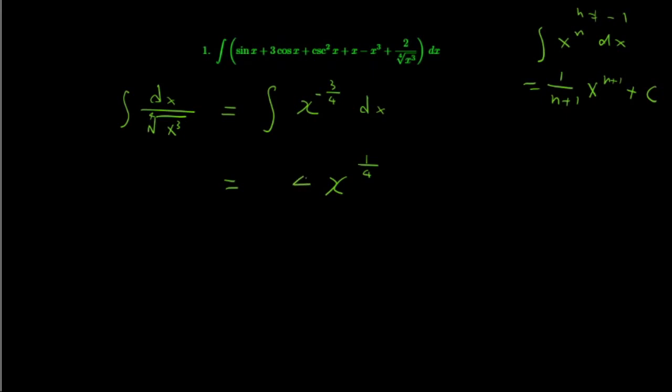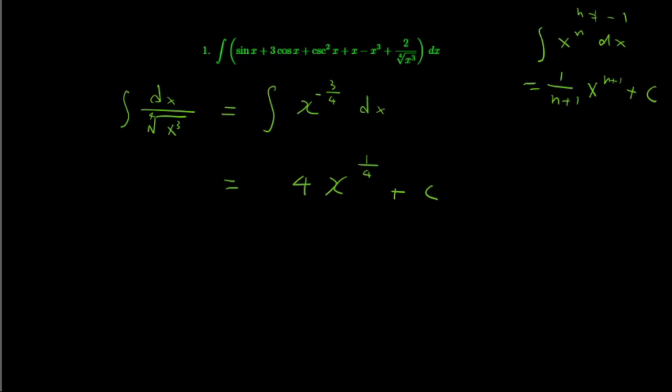So you have 4 in here, right? You invert 1 and 4. The reciprocal of 1/4 is 4. And then the answer to that, you should plus an arbitrary constant c. If you evaluate the indefinite integral, we need to include an arbitrary constant c.